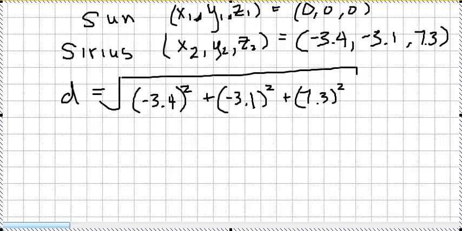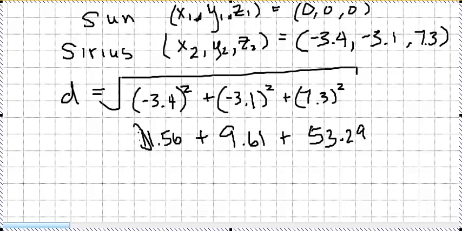Instead of me saying blah, blah, blah, let me actually just figure it out for you. Ready? 3.4 times 3.4 is 11.56, plus 3.1 times 3.1, which is 9.61, plus 7.3 times 7.3, and this right here is 53.29.